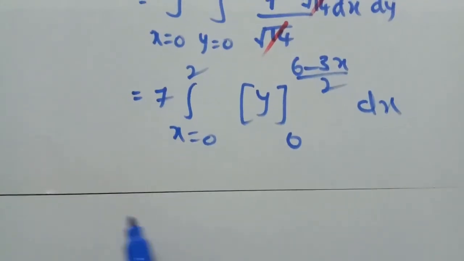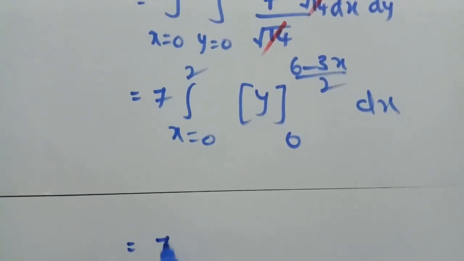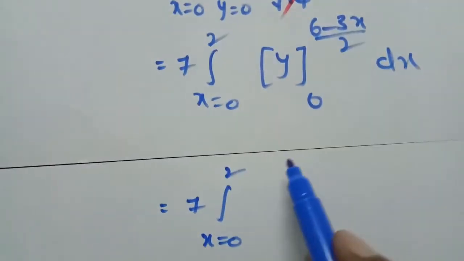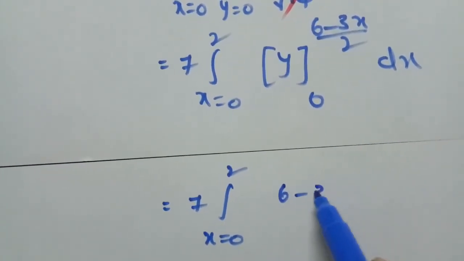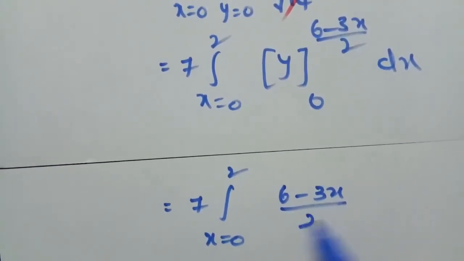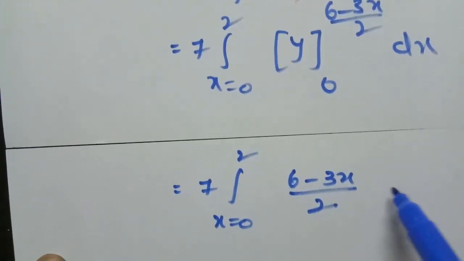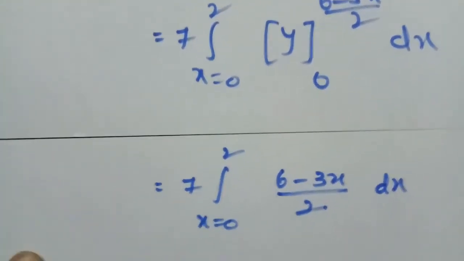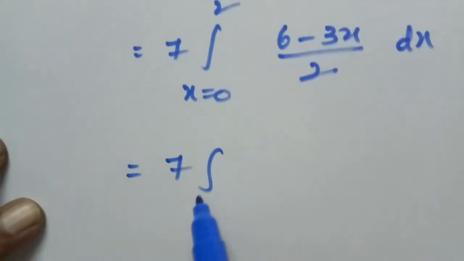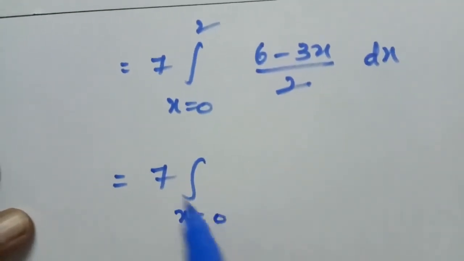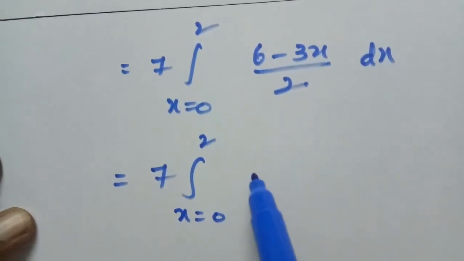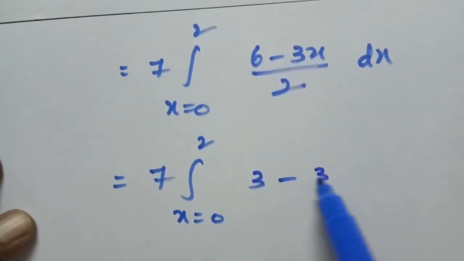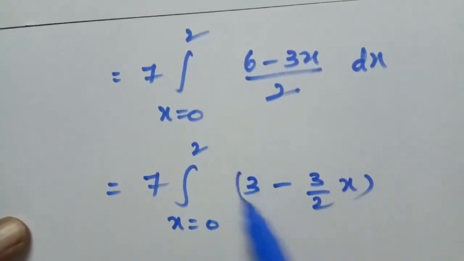This is equal to 7 into the integral x equal to 0 to 2 of upper limit minus lower limit, which becomes (3 minus 3 by 2 into x) dx.